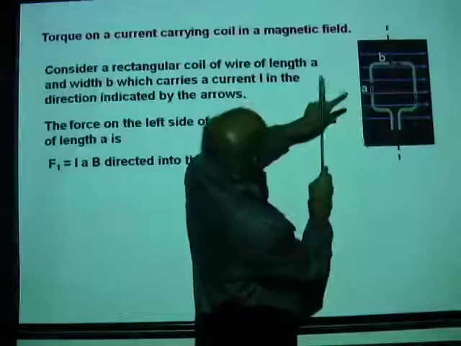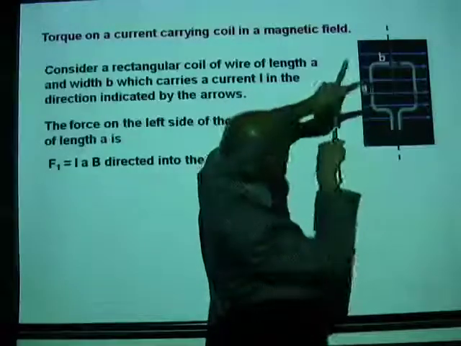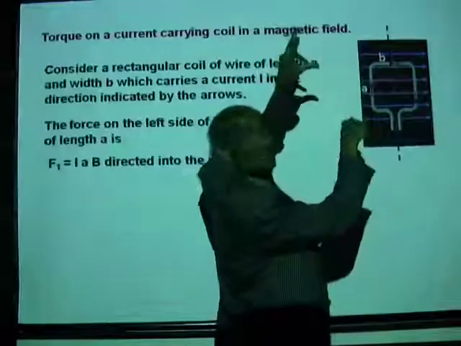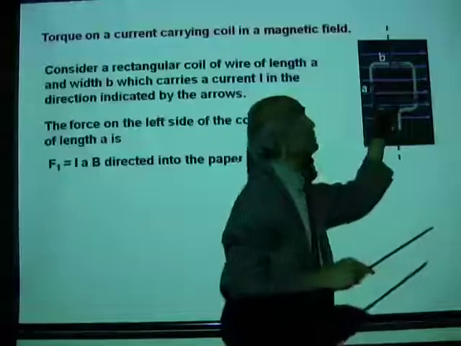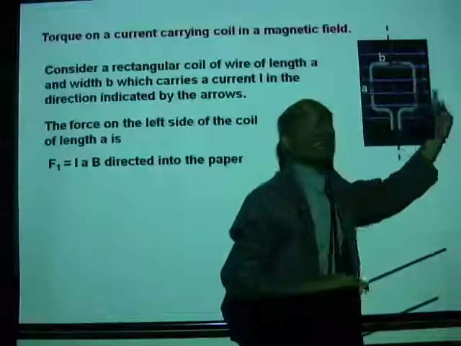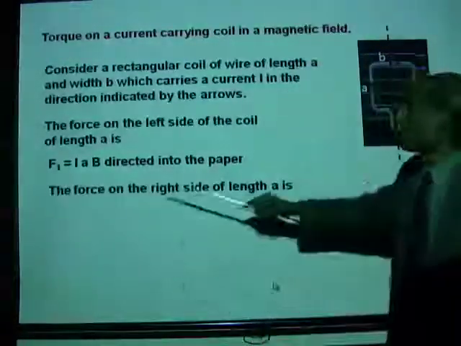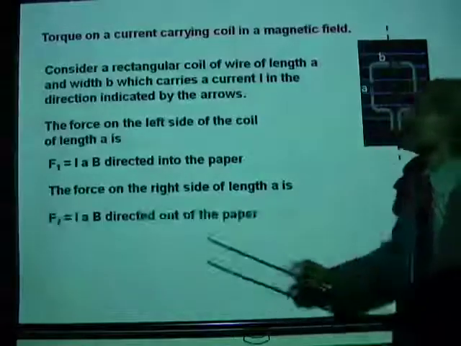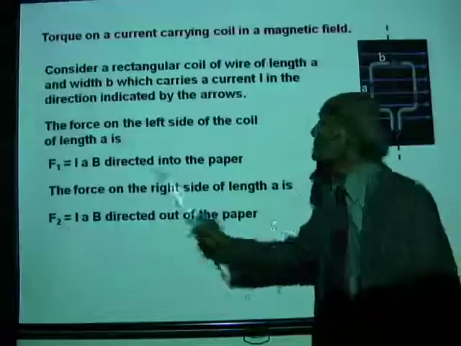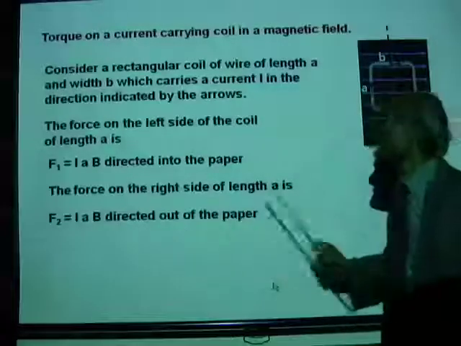So, if you look at that, the current upward, the field is that way. Therefore, the force will be into the board. So, the force on this side will be into the board, and the force on the other side will be out of the board. So, the force on the right side will be F2 equal to IAB directed out of the paper.